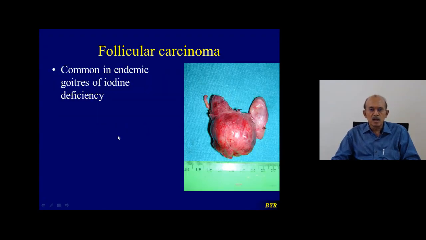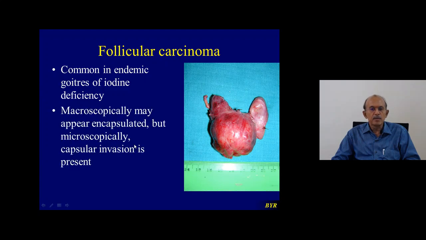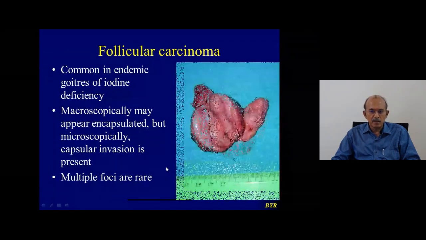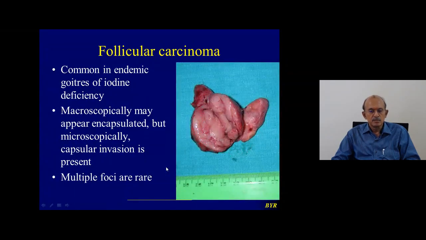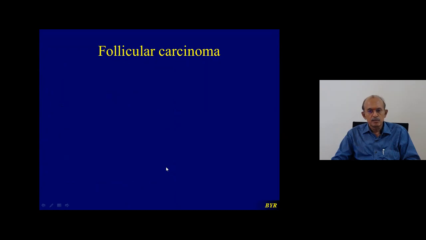Follicular carcinoma is common in endemic areas of iodine deficiency. Macroscopically it may appear encapsulated, but microscopically capsular invasion is present. Multiple foci are rare. Lymph node metastasis is rare.